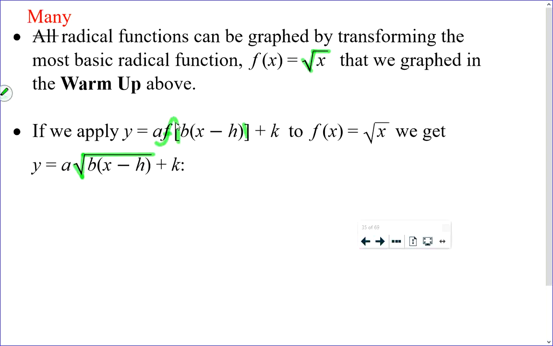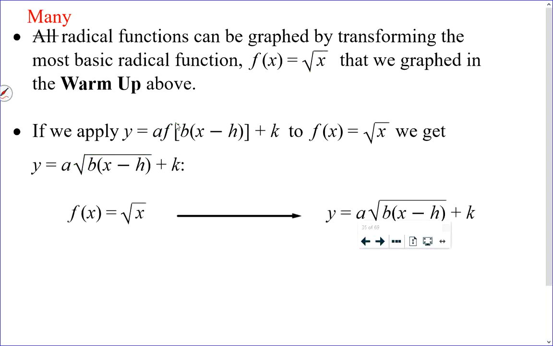So when I write f of b bracket x minus h, that means I put b bracket x minus h in for x in f of x. That's why we have a square root sign there now. It's the square root of b bracket x minus h. And there's an a in front and there's a plus k at the end. So what we're talking about is transforming f of x equals root x to g of x equals this thing.